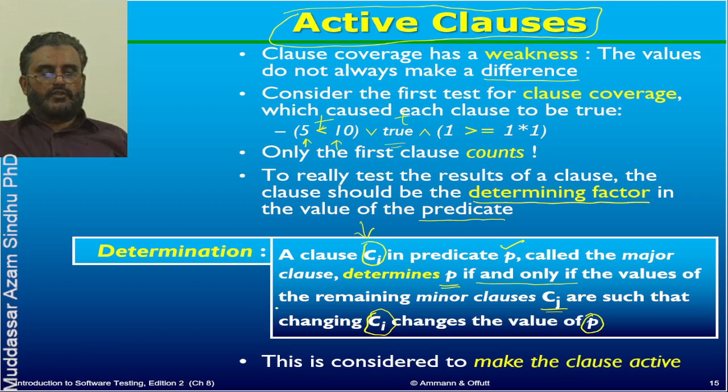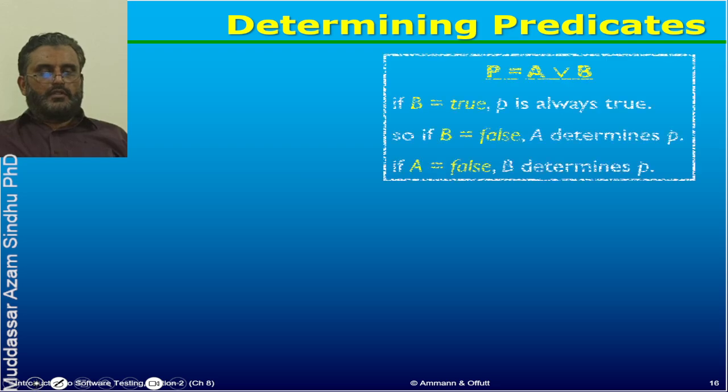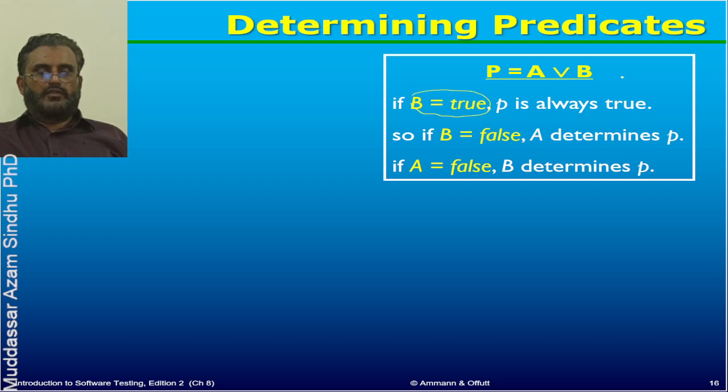And if we can make the clause determine the value of the whole predicate, then this process is called making the clause active. For example, take a simple predicate P equals A or B. If we set B equal to true, then the whole predicate will always be true, no matter what value A has.